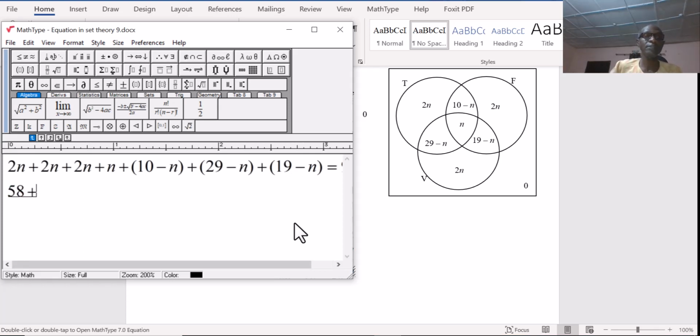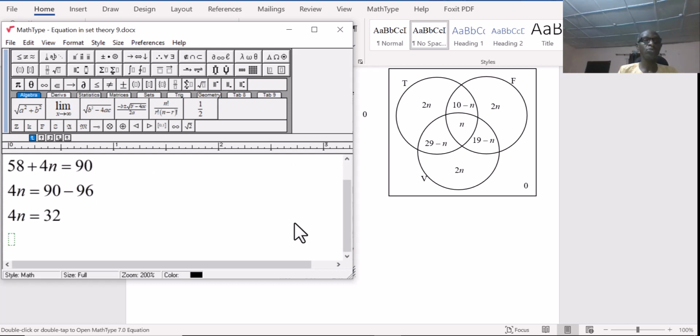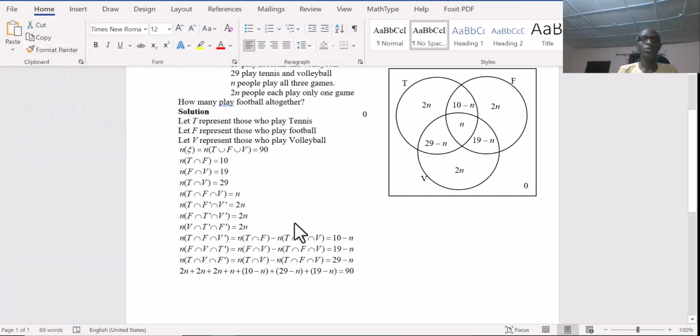This 6n plus n is 7n. 7n minus 3n, that's 4n. 4n is equals to 90 minus 58. So 4n is equals to 32. Our n is equals to 8. So we've gotten the value for our n.